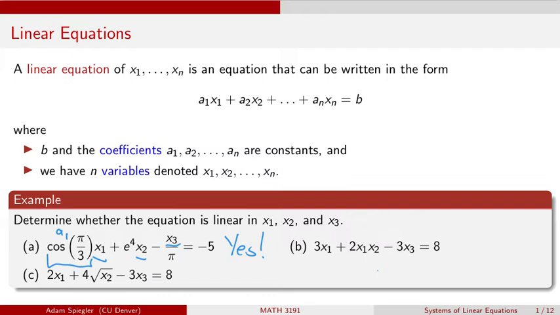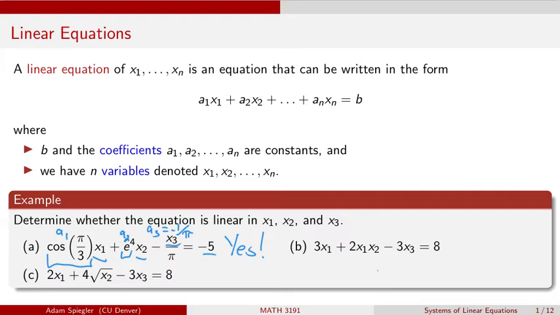It is maybe not the nicest looking number, but it is a constant number. Over here, in the second term, our constant would be e to the fourth, so that would be our a2. And for the third term over here, we have a constant coefficient of minus 1 over pi. And we have our constant on the right side. So this is a linear equation in x1, x2, and x3.